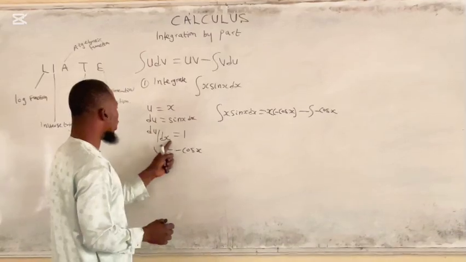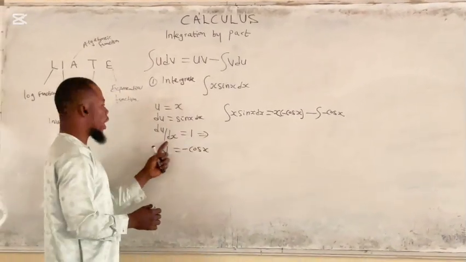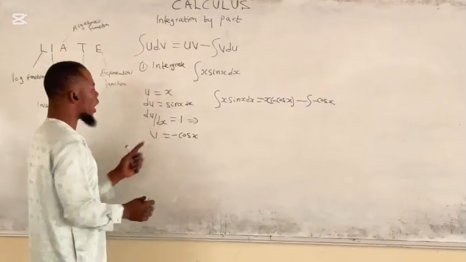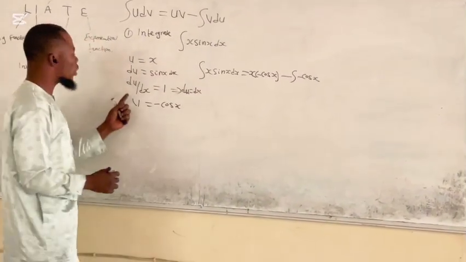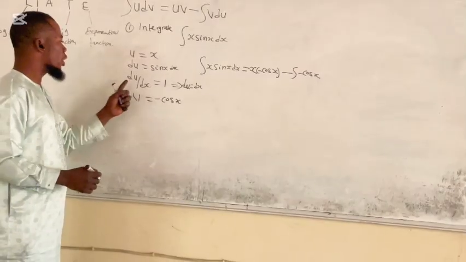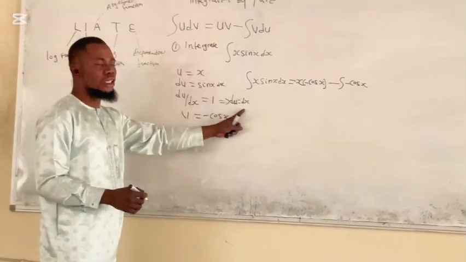To make du the subject, we cross multiply: du equals dx, because du over dx equals 1, and dx multiplied by 1 still gives dx.